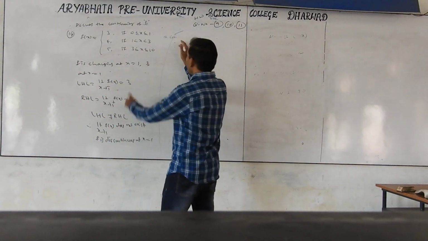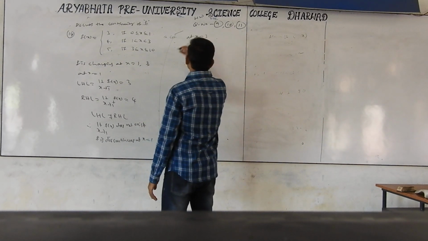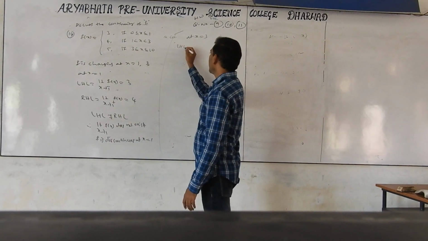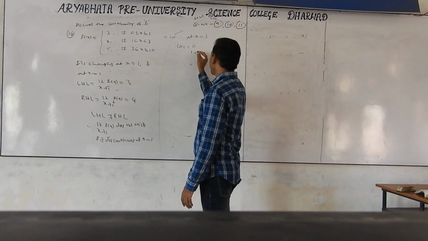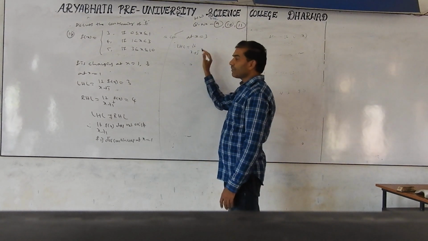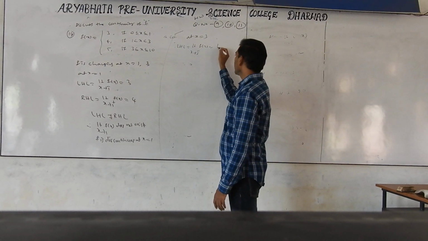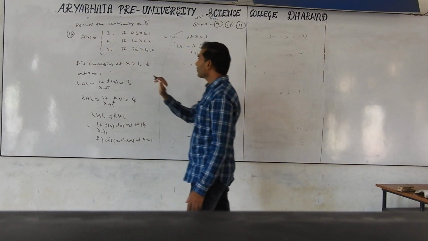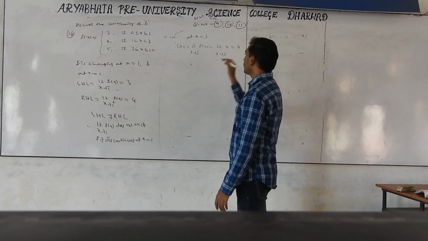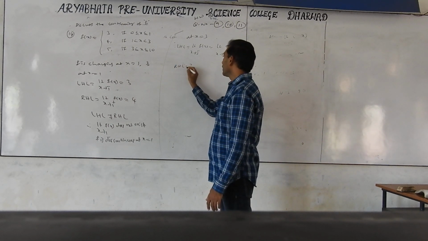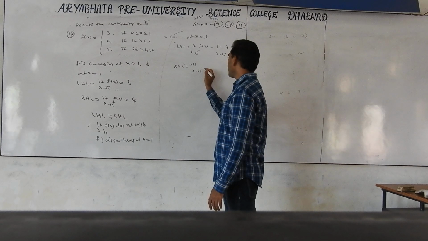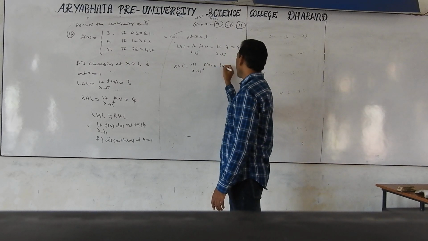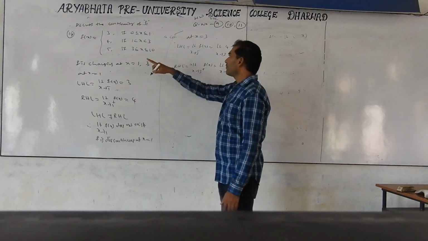Next, at x equal to 3. Left limit, LHL, limit of x tends to 3 minus f of x, below 3, is 4. RHL, limit of x tends to 3 plus f of x, above 3, is 5.